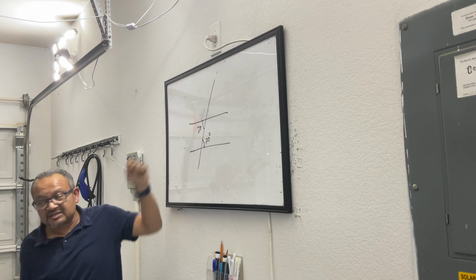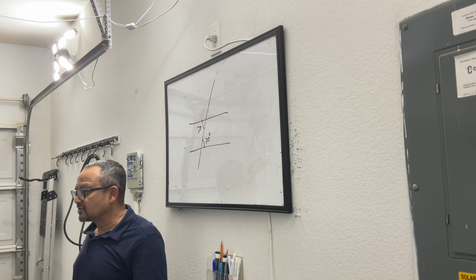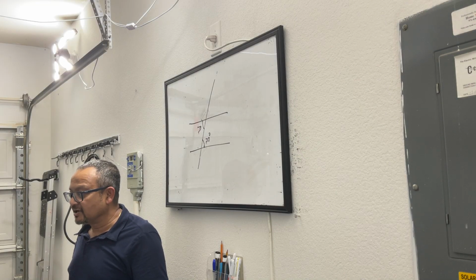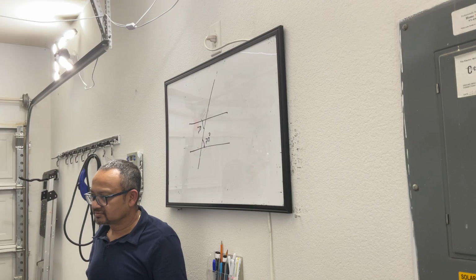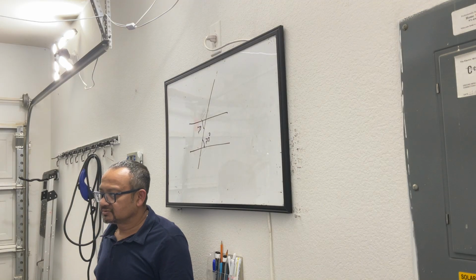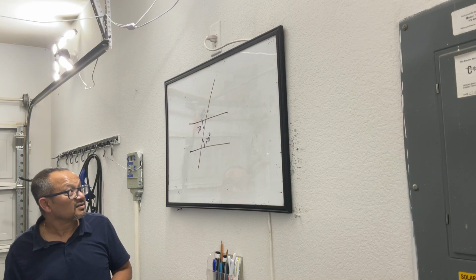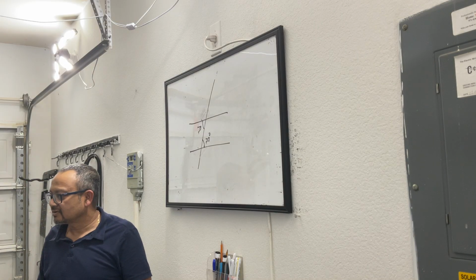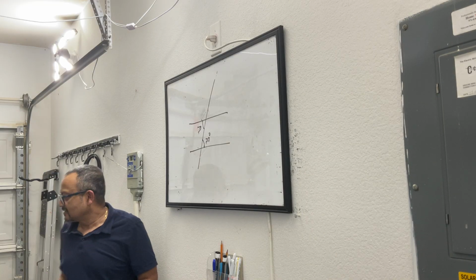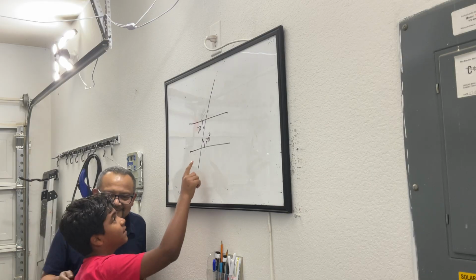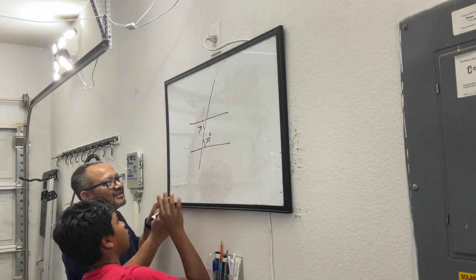Coming back to this one, these are opposite interior angles, and they are the same. If I ask you guys why, can anybody tell me why? Because that 70 degree angle and the exterior angle that goes right across from it are also equal. So basically this angle, this angle, this angle, and this angle are all the same.